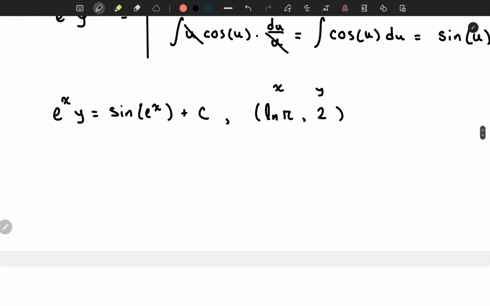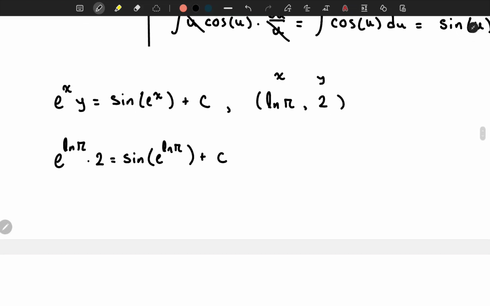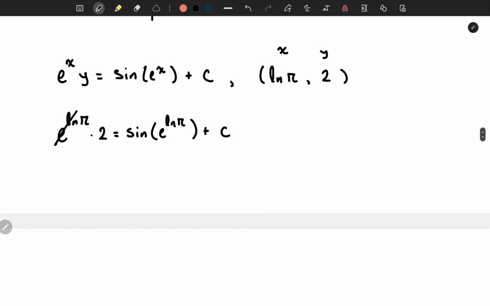Now we're going to plug this coordinate into this equation that we just created. So e to the power of ln pi times 2 is equal to sine e to the power of ln pi plus c. And so e to the power of ln, that cancels out.